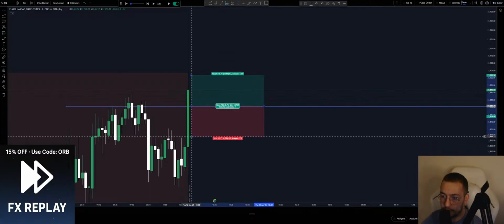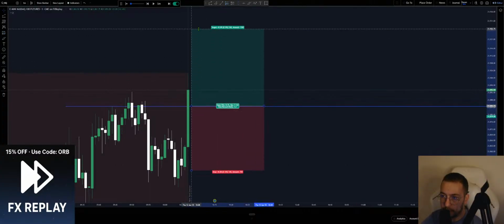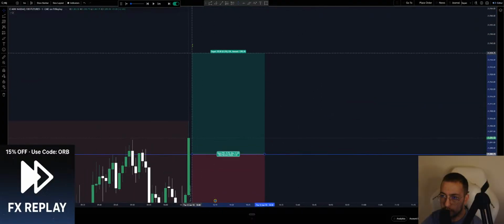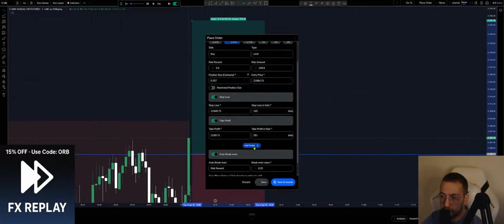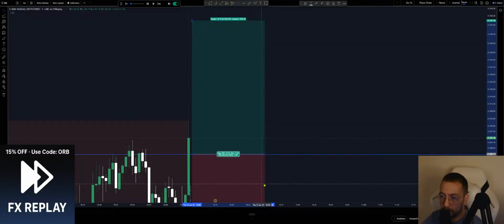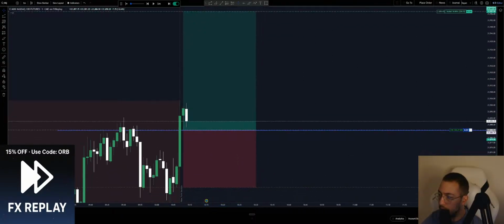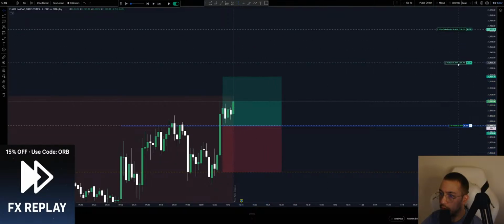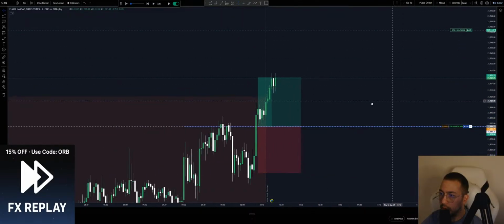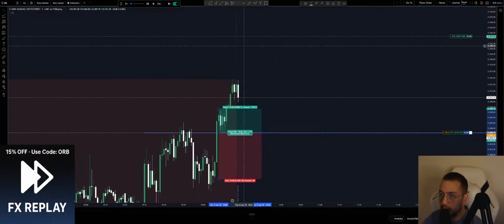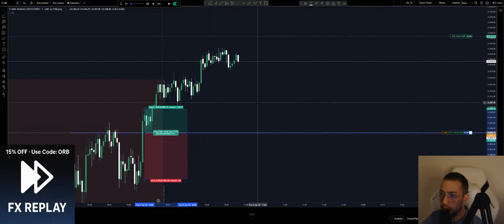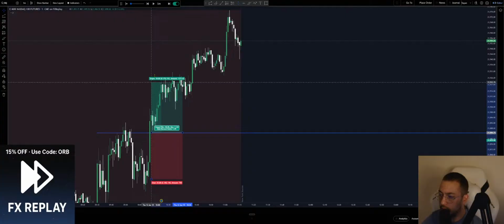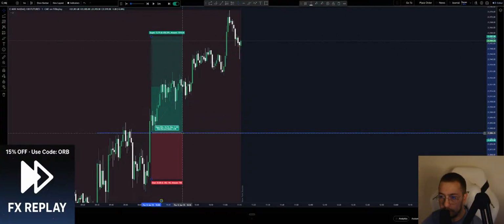Limit order. It's 1-to-1. Stop loss to break even. And it hits full TP.